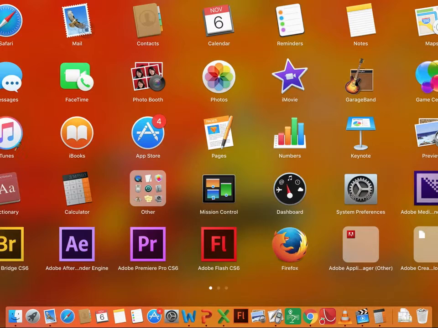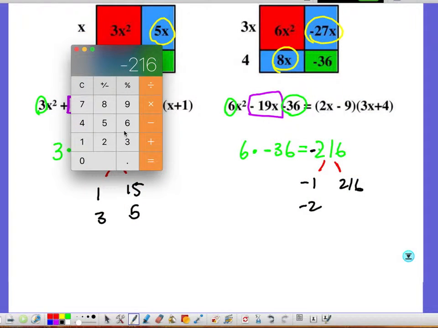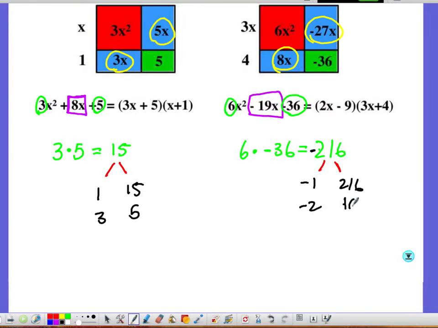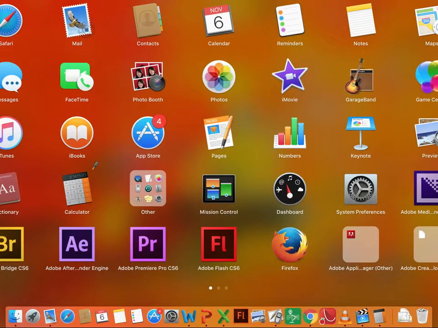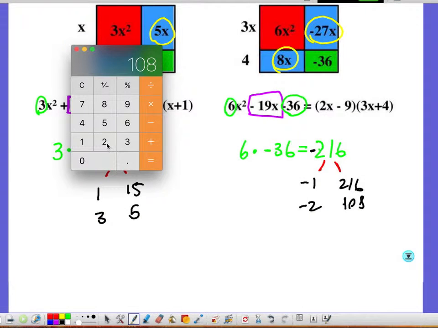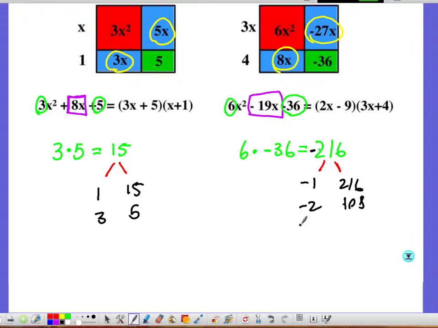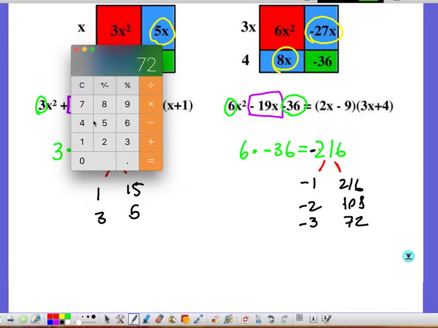Negative 2, we'll probably have to use a calculator for that. 216 divided by 2 is 108. Can we divide it by 3? 216 divided by 3 is 72, so negative 3 and 72. And you want to keep on doing this until you can find all of them.